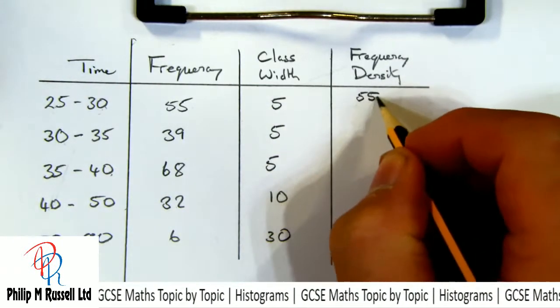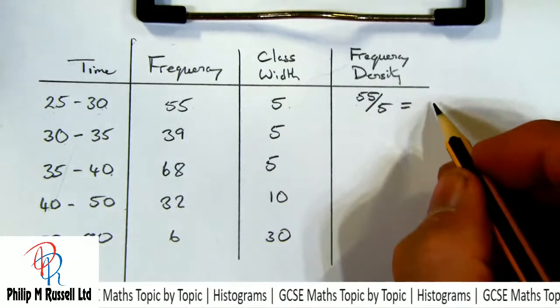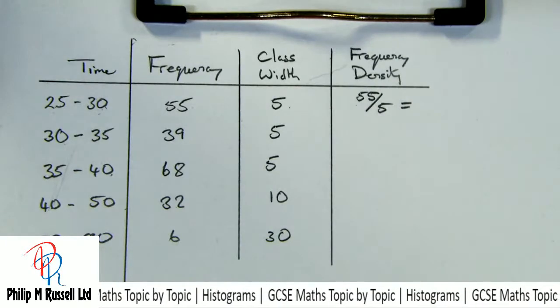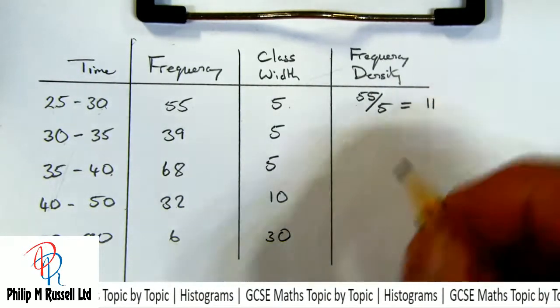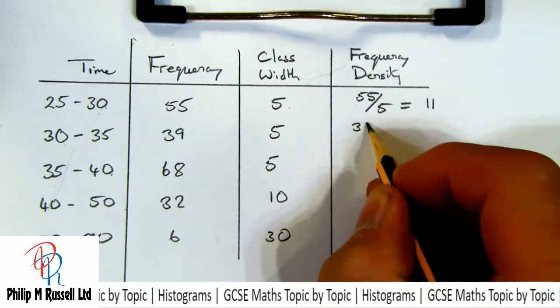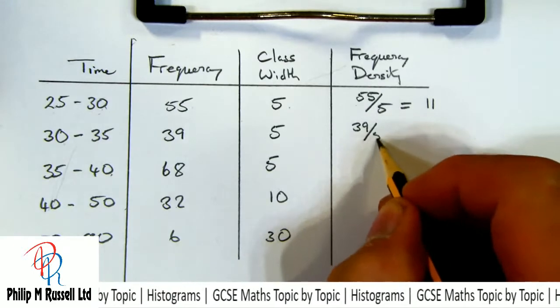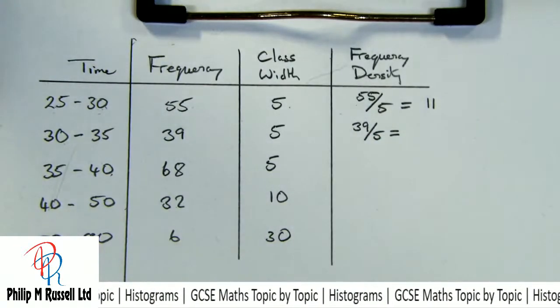55 divided by 5, which is going to give me an easy answer here of 11. Now, I thought about that one. The next one I didn't think about. I just put in 39 divided by 5, and that gives me a grottier number.